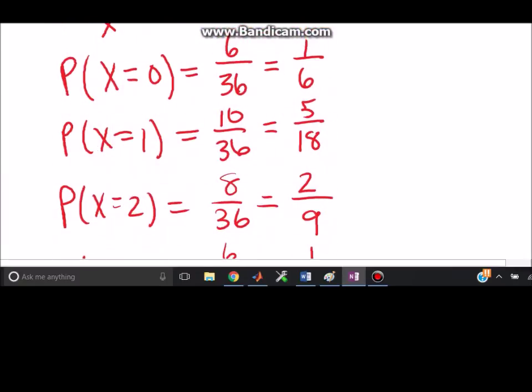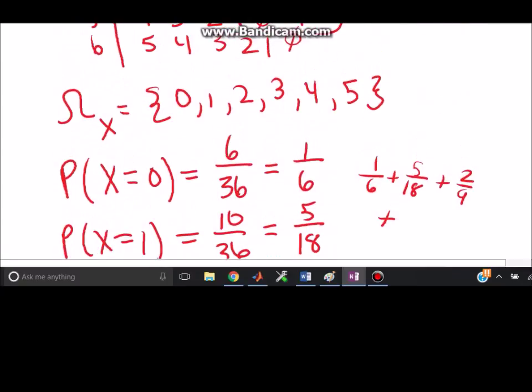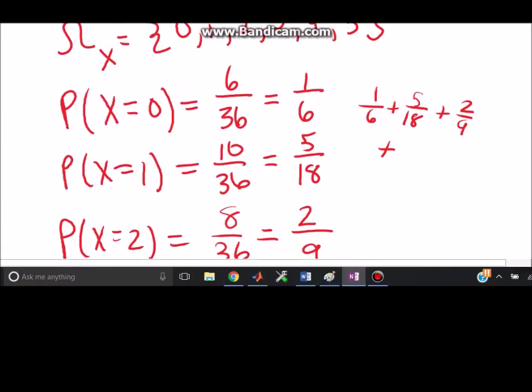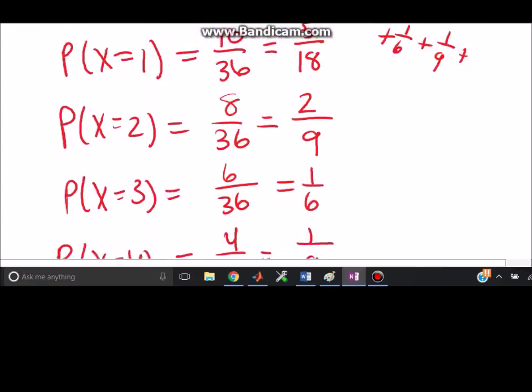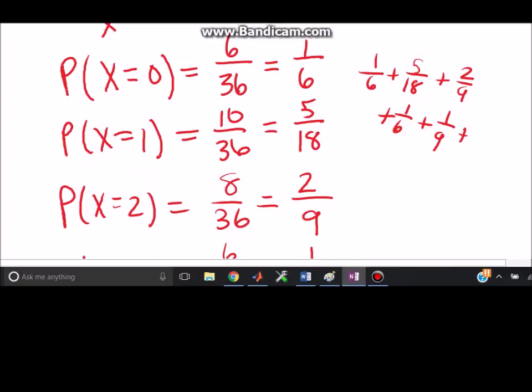So we have 1/6 plus 5 over 18 plus 2 over 9 plus 1 over 6 plus 1 over 9 plus 1 over 18. Okay, and this does indeed sum up to 1.